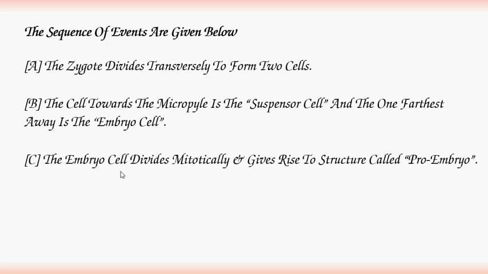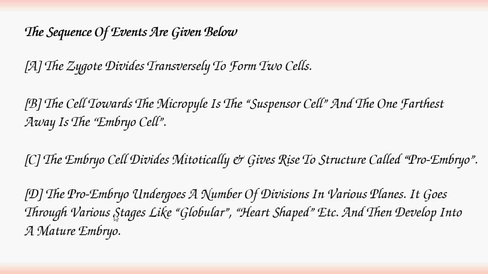The embryo cell divides mitotically and gives rise to a structure called proembryo. The proembryo undergoes a number of divisions in various planes. It goes through various stages like globular, heart shape, etc. and then develops into a mature embryo. All these sequences we can observe in the following diagram.